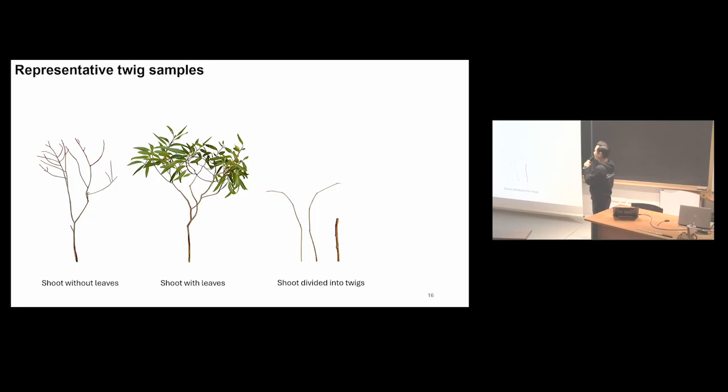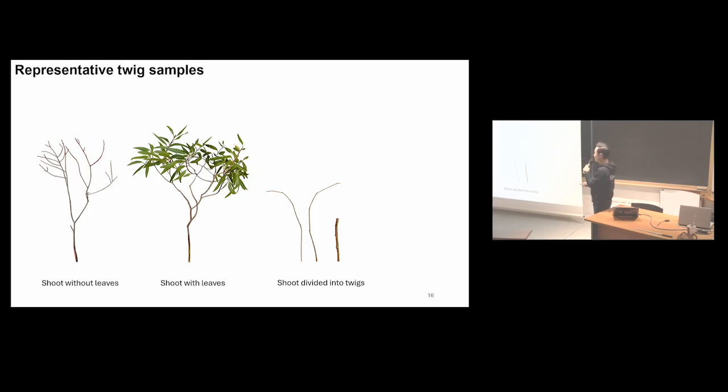To do that, we need to consider a representative twig sample. So I conducted a survey. I went to the forest and collected 10 samples. I measured all the diameters and the lengths of the twigs.